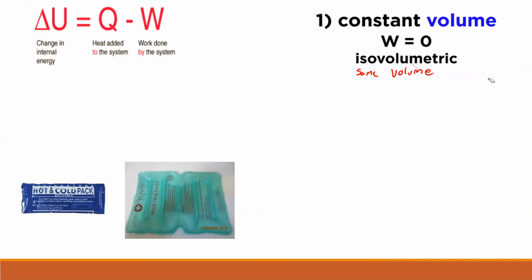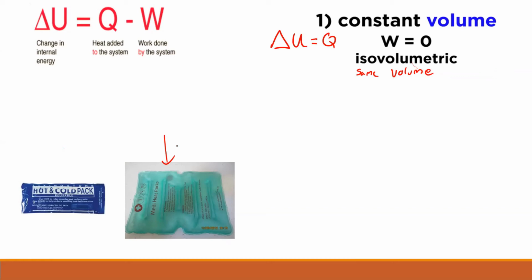So an example of a constant volume, what that would mean is that the change in energy is only dependent on the heat. That's the only thing that can change the energy, is the heat. So examples for those are the heat pack and the cold pack. The heat pack can only change energy by heating up your hands.